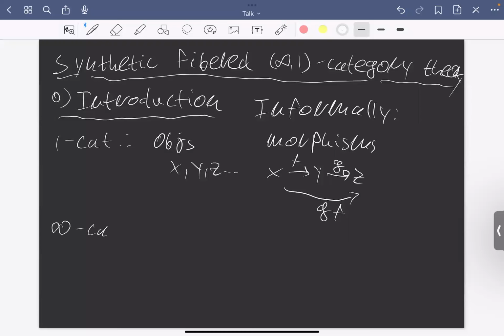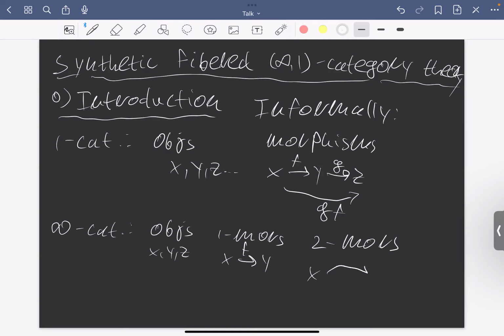And so roughly the idea of an infinity category should be that we have a bunch of objects again, X, Y, Z. Also morphisms in the sense as introduced above, but then we also have morphisms between those morphisms, called maybe two morphisms or two cells, where the one morphisms would be one cells.